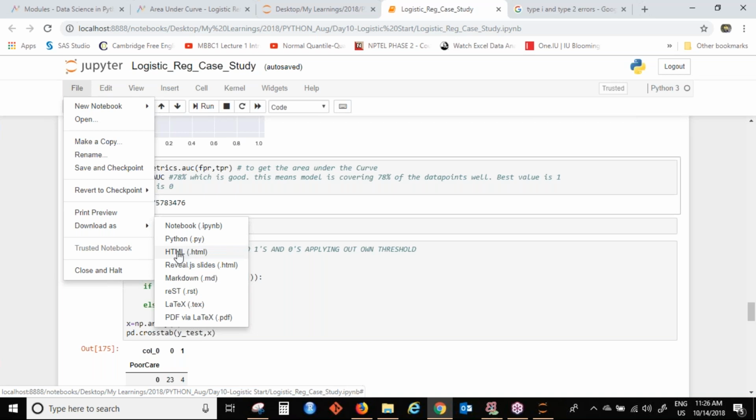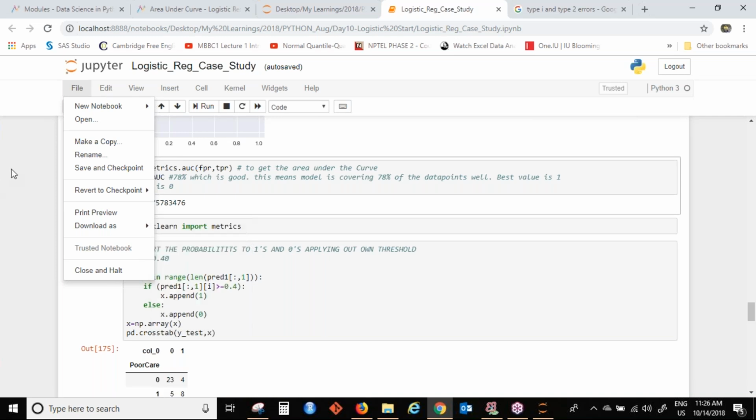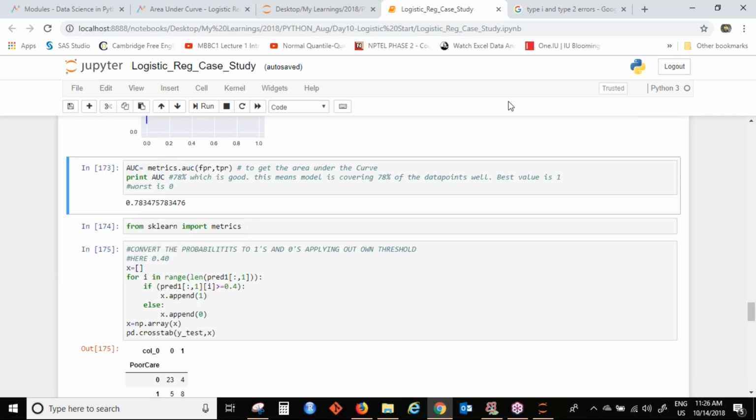So you can download as HTML or as PDF. No, you don't have to install anything else. Of course, you should have a PDF reader if you want to open it.